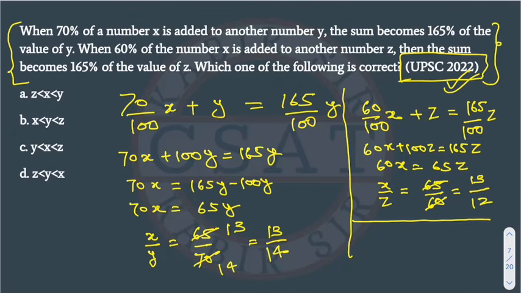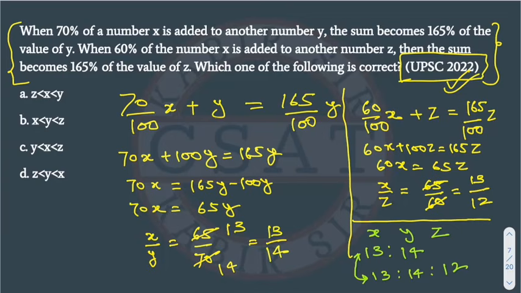Now we know from our learning of ratios, if numbers x, y, z are given. Here what is given? X was 13 and y was 14, and here x is 13 and z is 12. Because x is 13 in both, y will be 14, right? So it will become like this.